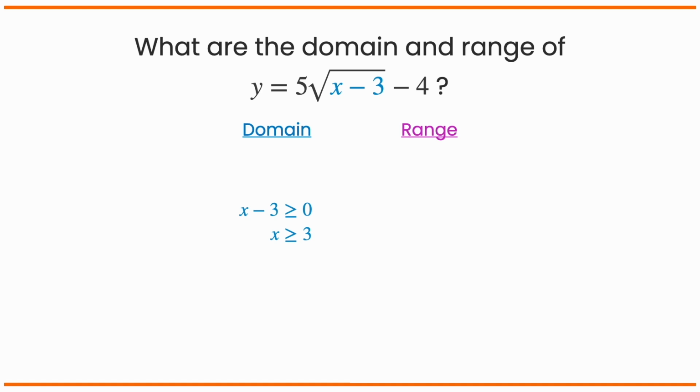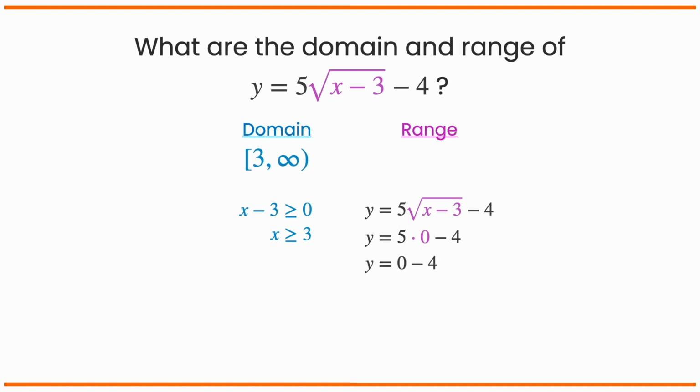This means that as long as x is greater than or equal to 3, the radicand won't be negative. So our domain is all x values greater than or equal to 3. We also know that the value of the entire radical itself must be greater than or equal to 0. So to find one end of our range, we can find the value of y when the entire radical is 0.